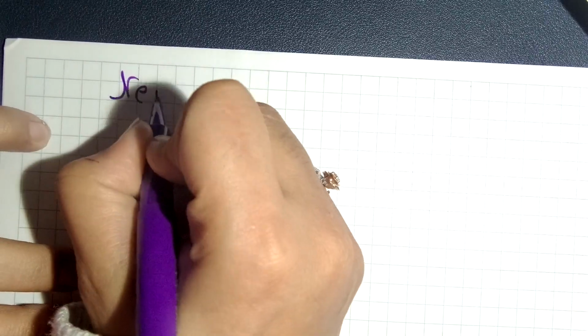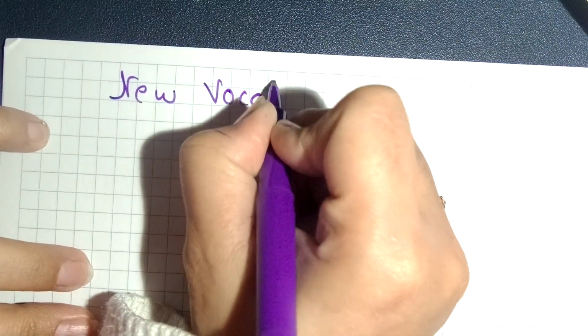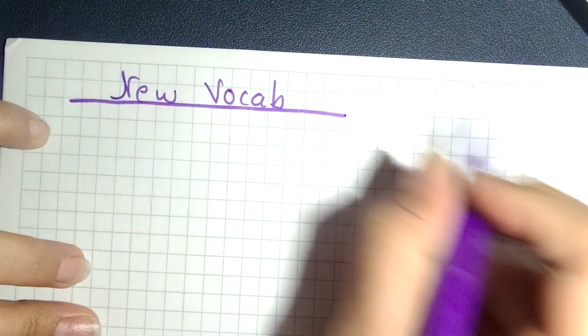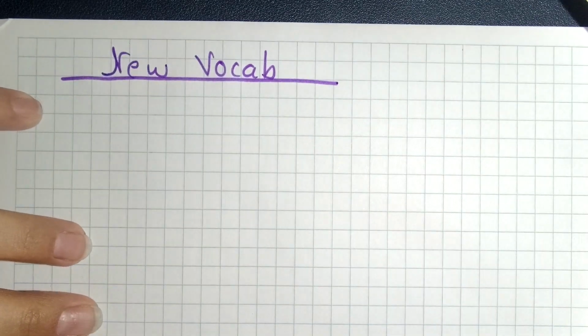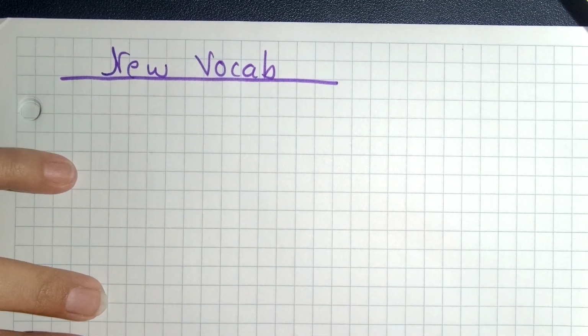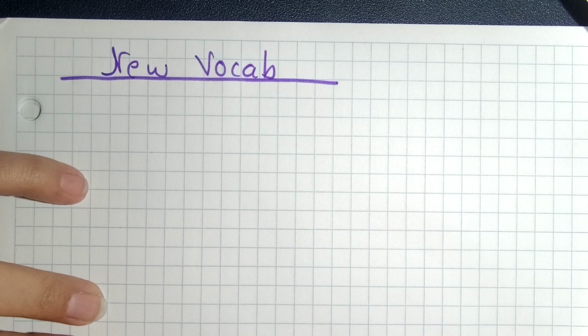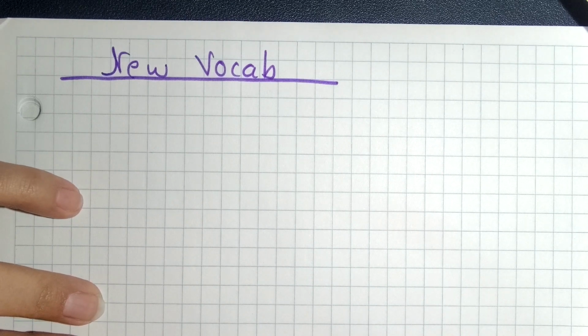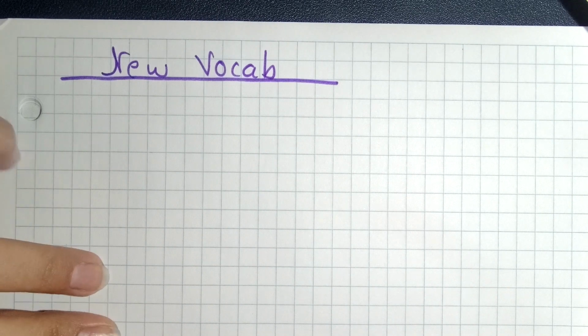All right, so this is new vocabulary for calculus. When we talk about slope, we're talking about having a line. But calculus is not just going to be a straight line.